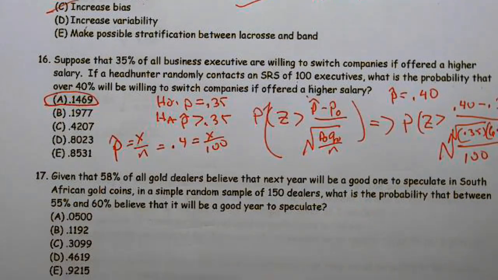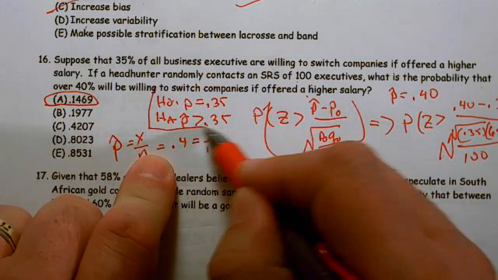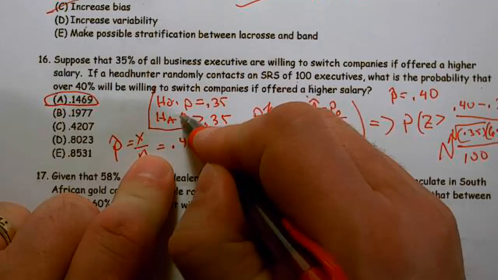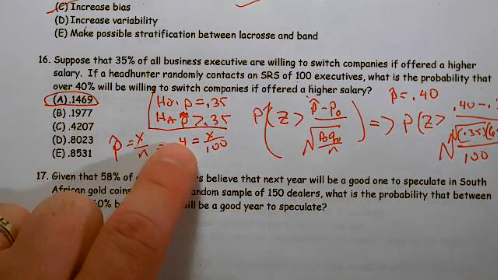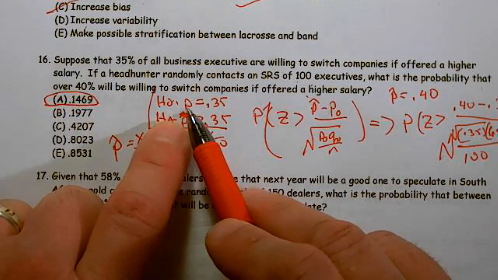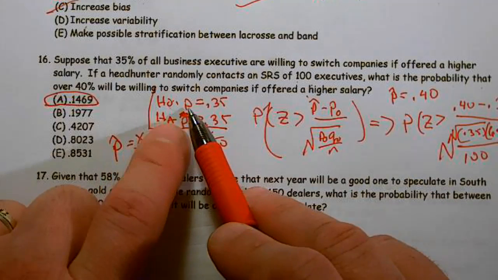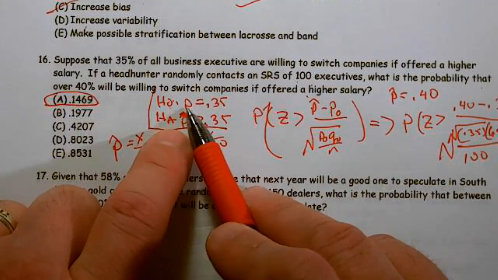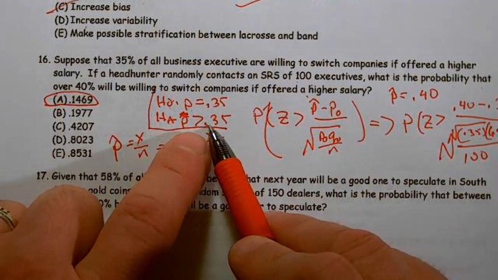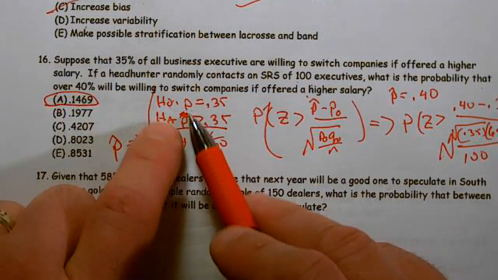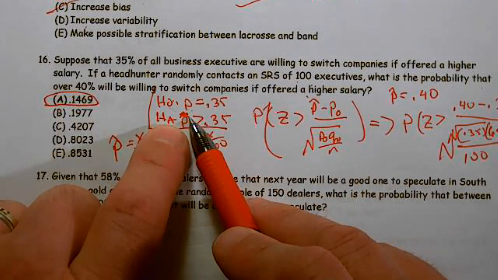Question came up. Do we use P or P hat in our statements up here? I don't know why that says P hat. That is completely a mistake. Thank you for catching this. Your hypothesis statements are always based on P or P naught. So P is 0.35, P has to be greater than 0.35. I'm so glad that they caught me and said, do not use sample statistics here.